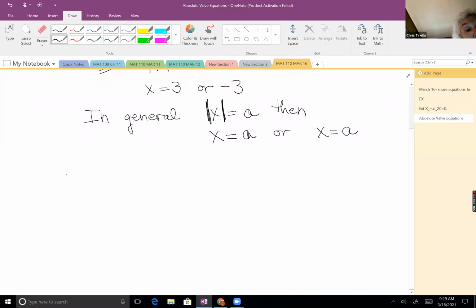So let's say I have an example like the absolute value of x plus 1 minus 3 equals 2. In order to solve an equation like this, the first thing that we want to do is get the absolute value symbol alone on one side of the equation. So I'm going to say that we want to isolate the absolute value.